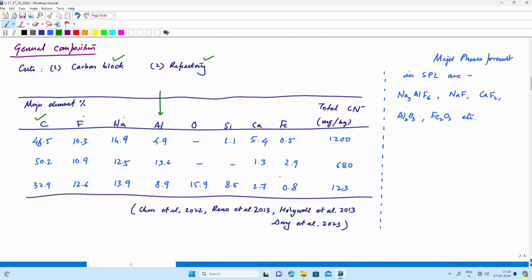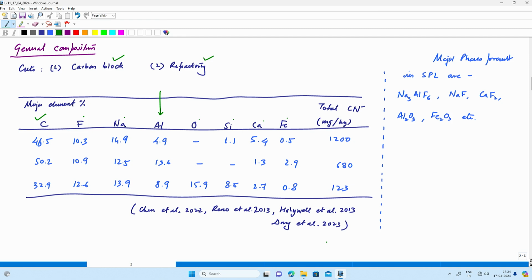The other impurities that could be present are oxygen, iron, silicon and calcium, which are also described. Some amount of cyanide is also generated, which has been presented in milligrams per kg, and this describes the general composition of spent pot lining.